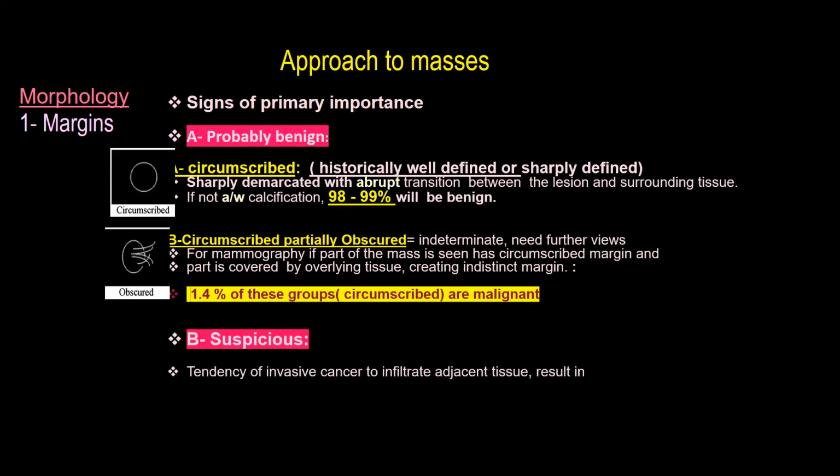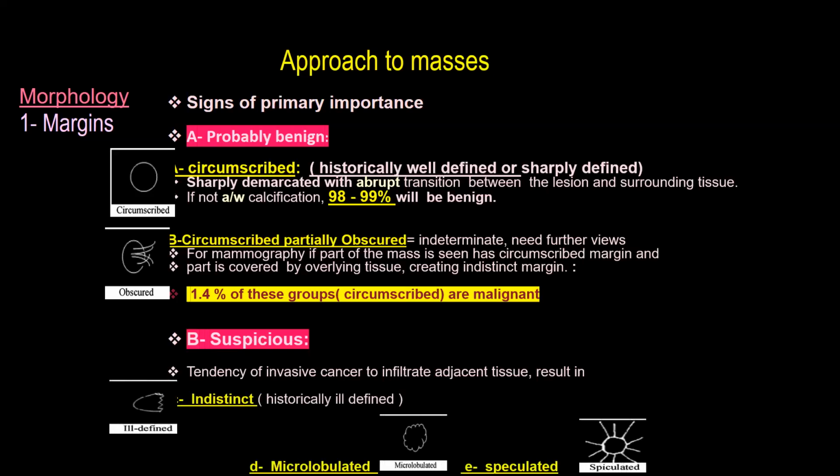And the suspicious margins are due to the tendency of invasive cancer to infiltrate the adjacent tissue, resulting in either indistinct margins, which historically were called ill-defined. Ill-defined previously, in the latest edition it is indistinct.